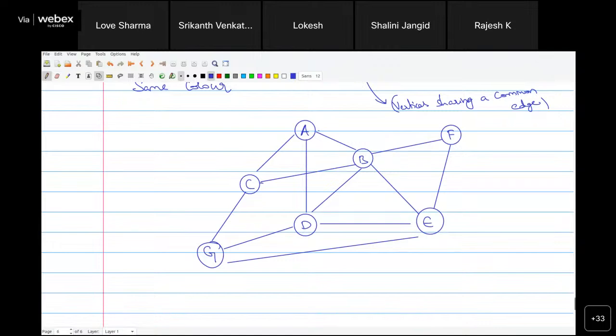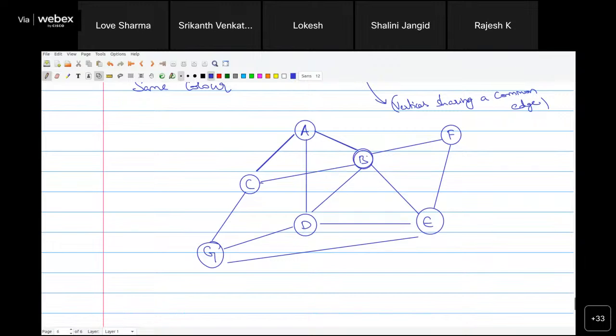So edges and vertices mean like this. A and B share a common edge, so this is the common edge between A and B. So A and B are adjacent to each other. Similarly, A is adjacent to C because they share a common edge. Similarly, A is adjacent to D. Like this, C is adjacent to A, B, G. So B is adjacent to what all vertices?